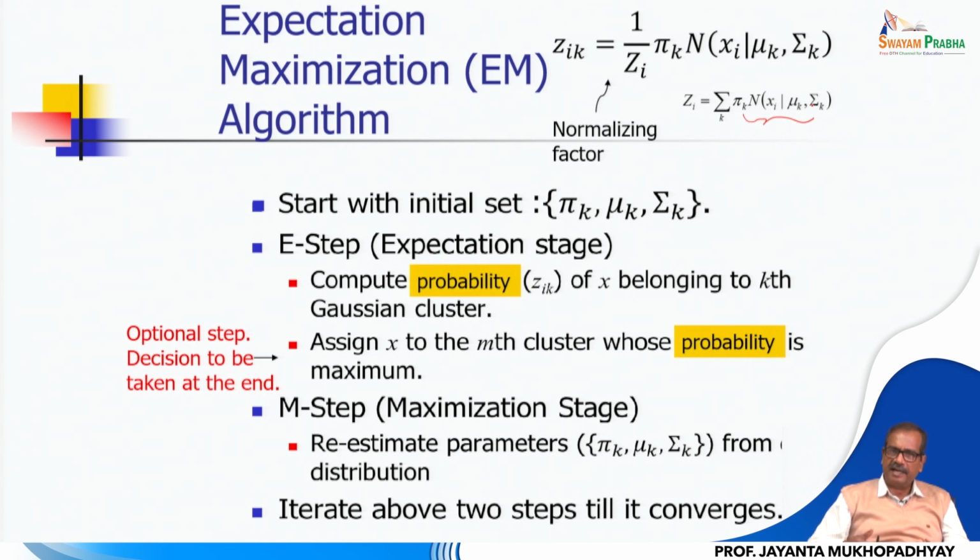Keep accounting for that weight while estimating the parameters in a weighted fashion. Once you compute the parameters of a particular class, you take into account every pixel with those weights and compute the parameters, including the class prior, the mean vector and the covariance matrix, and go on doing this. Finally, when it converges, you can do hard assignments to make the segmentation.